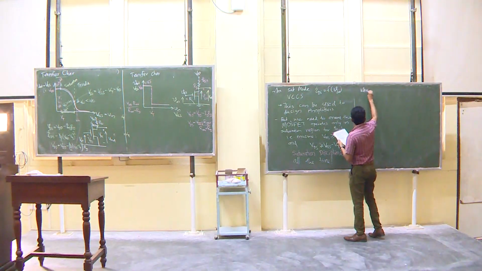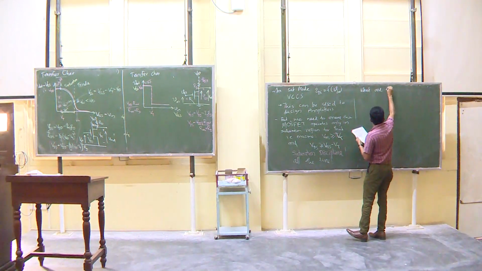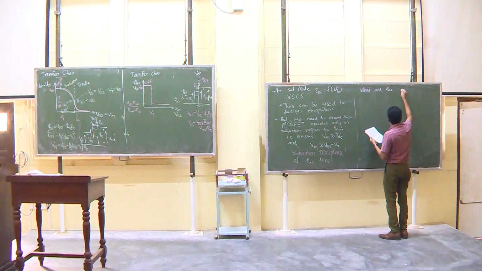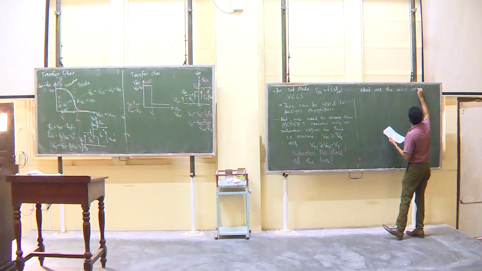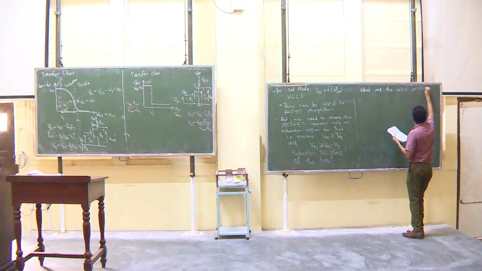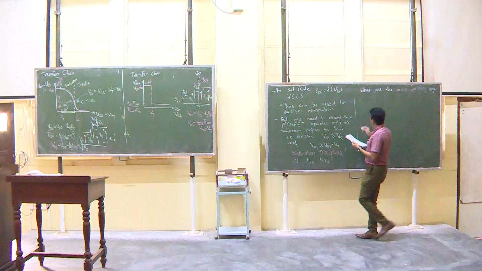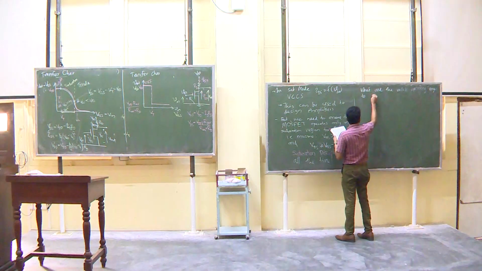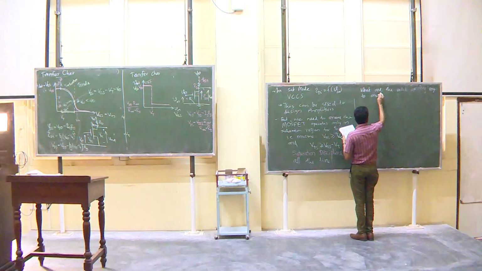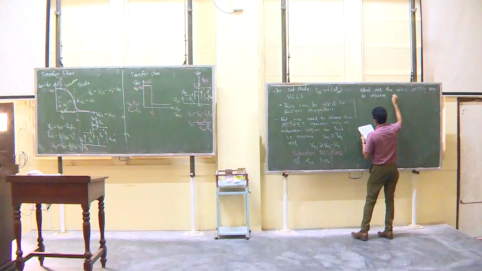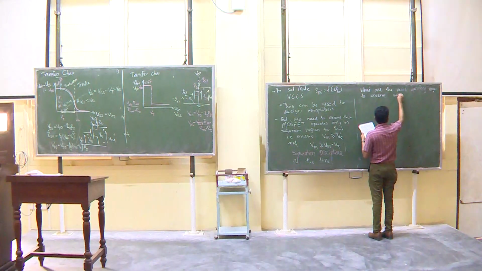What are the valid operating ranges to ensure saturation?